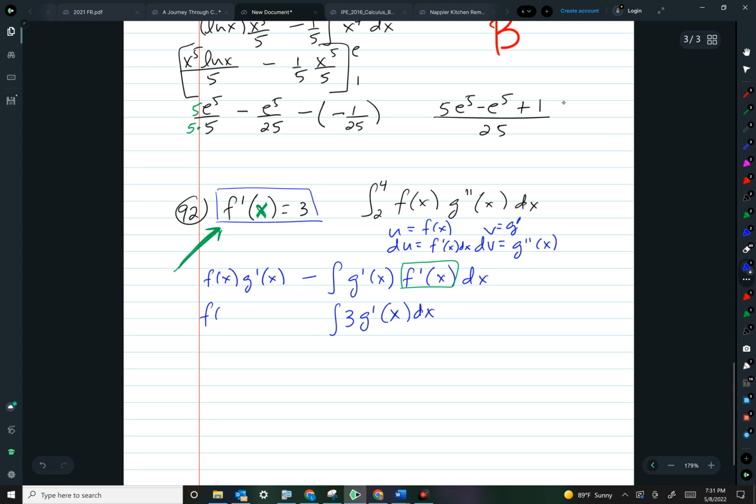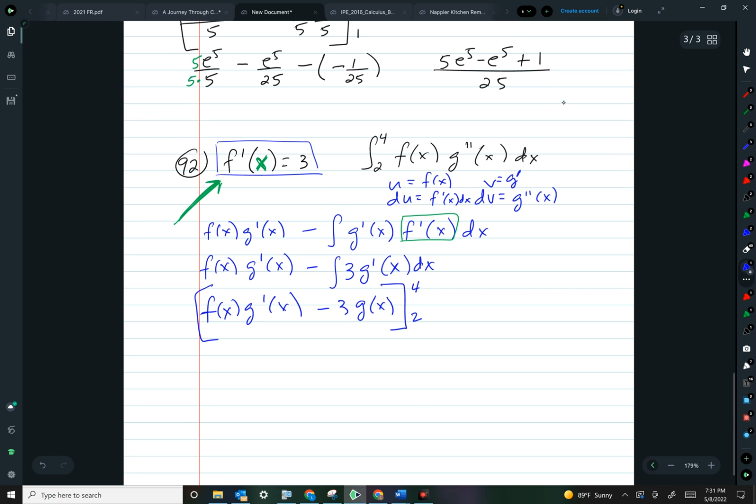So I'm going to bring this down just so I don't forget it. f of x, g prime of x minus. So when I integrate, again, bring down the f of x, the g prime of x, I'll bring out the 3, and when I integrate g prime, it's just going to give me g. And again, don't forget, I need all of this to be evaluated from 2 to 4.